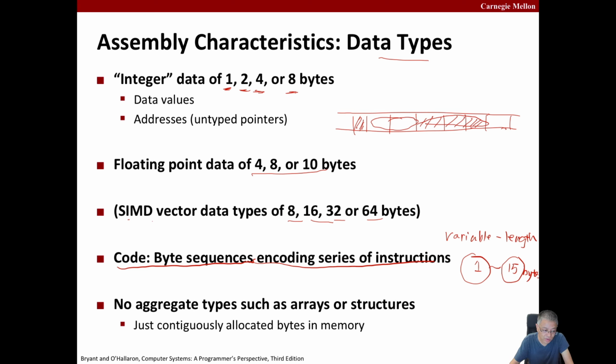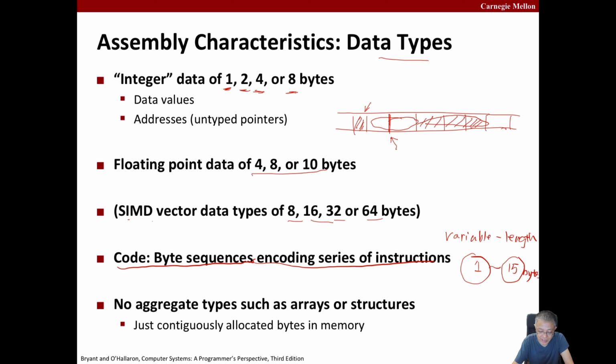But an interesting question is, because the x86 architecture has variable length instructions, you don't know where is the start of each instruction. So what if, instead of the real instruction boundary, what if you hijack the control flow into the middle of an instruction?